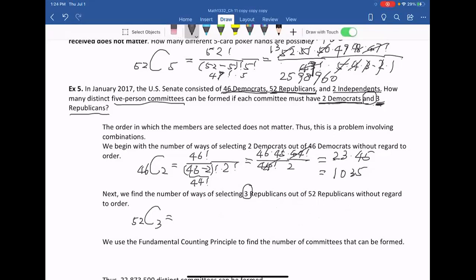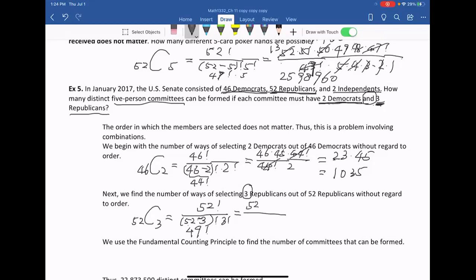Sometimes we make mistakes. So 52 factorial over (52 minus 3) factorial times 3 factorial. The bottom part, 52 minus 3 is 49 factorial.